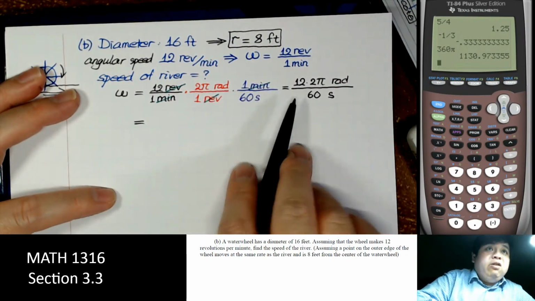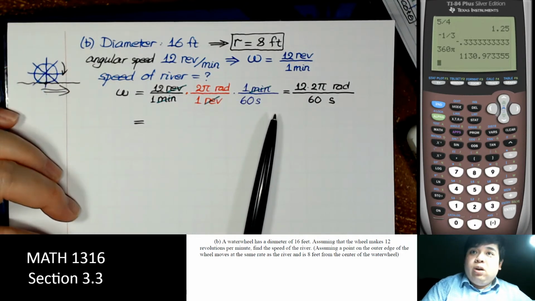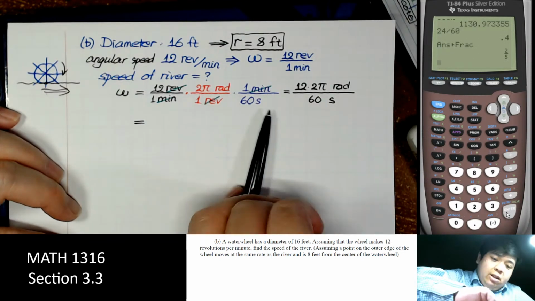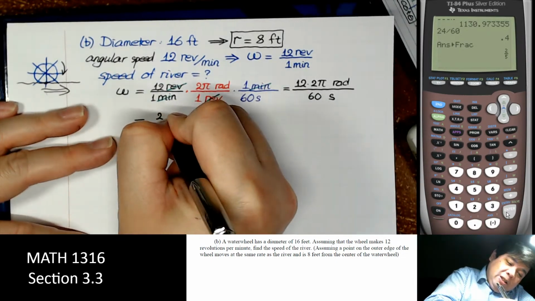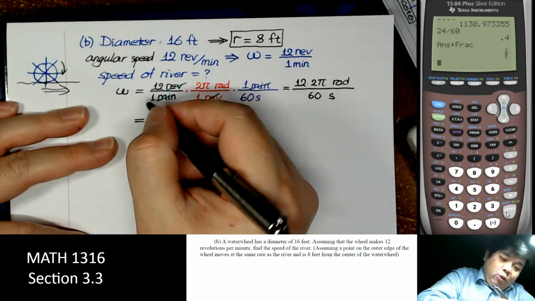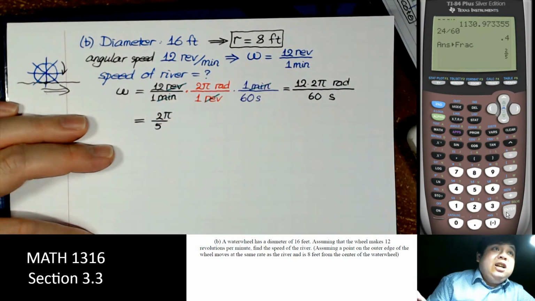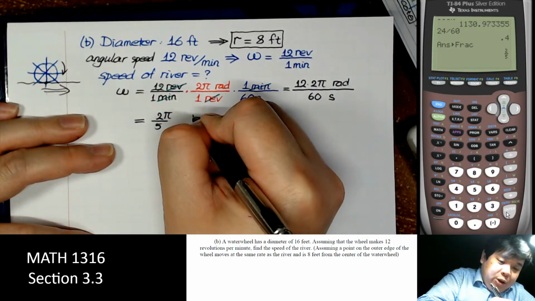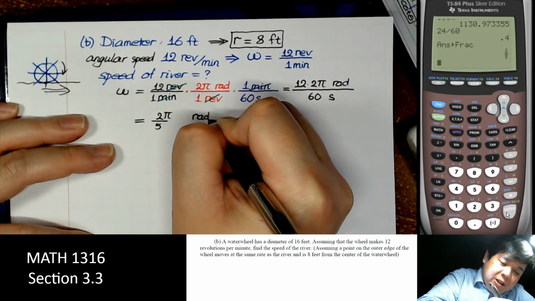So 24 pi divided by 60. 24 divided by 60 is 2/5, and then we have pi. The unit would be radians per second.